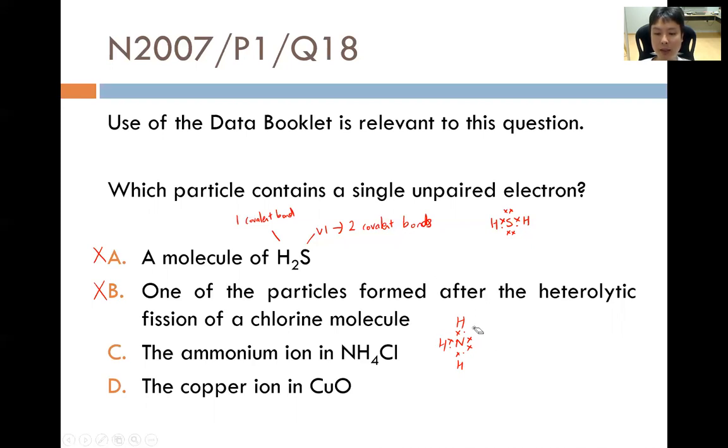The thing is that NH4 is actually a positively charged ion, which means that this will actually be the ammonium cation, whereby in fact this is a dative covalent bond. Okay, this is the NH4 ammonium ion, and then you have the Cl- ion, and the Cl- ion basically looks like this.